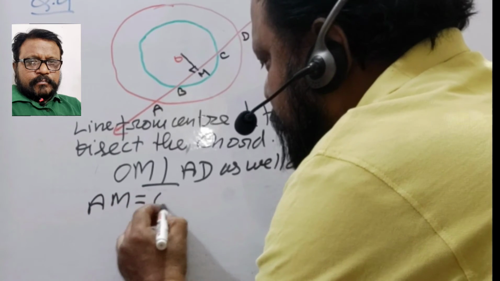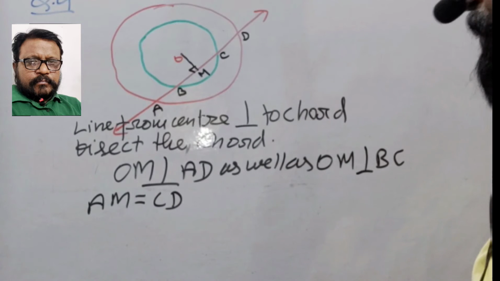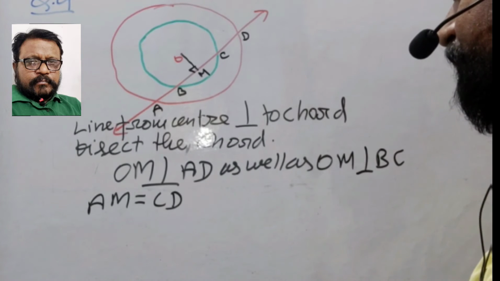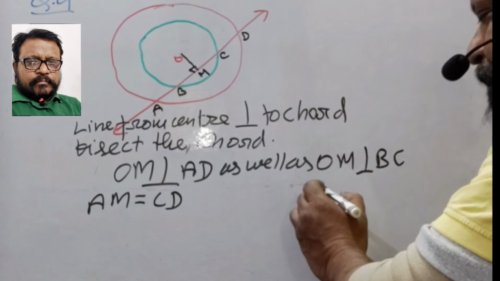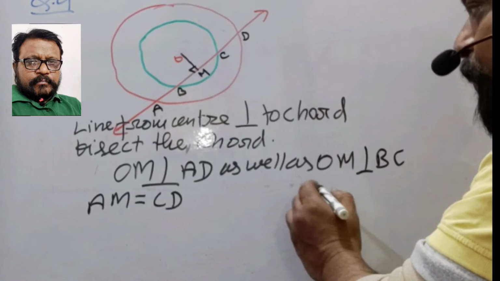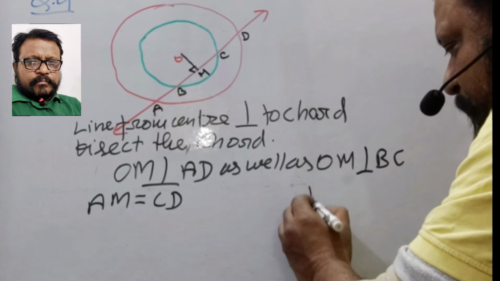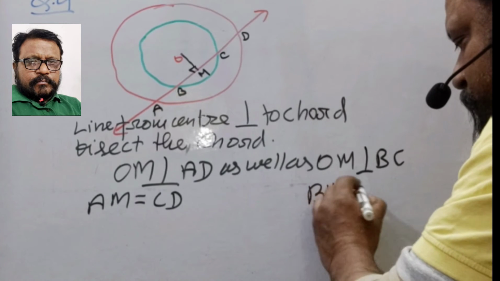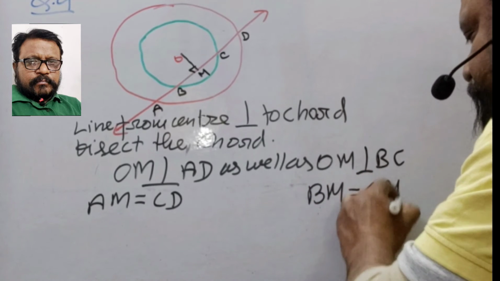So AM is equal to DM, and BM is equal to CM.